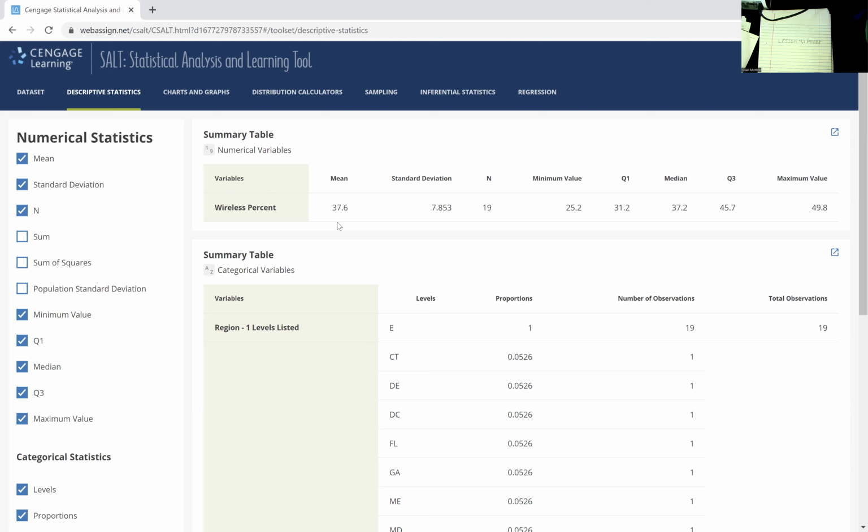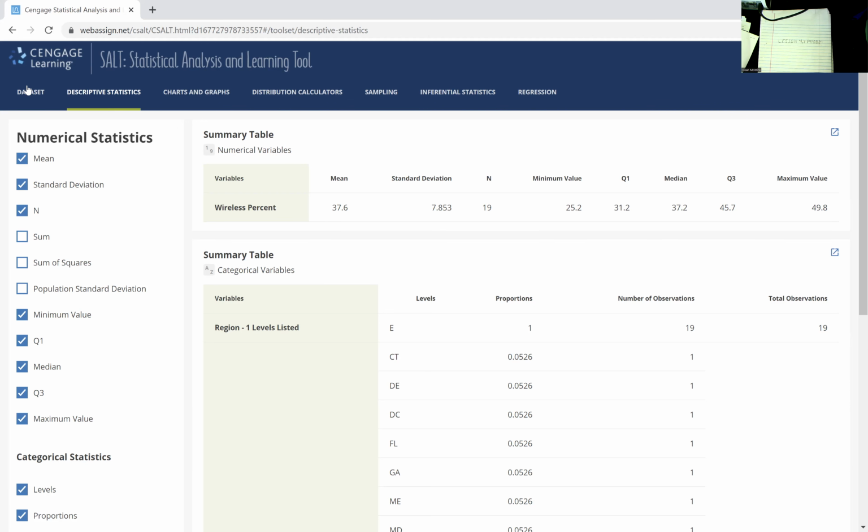And the median is 37.2. That's Q sub 2. And Q3 is 45.7. And the max is 49.8. Okay. Now for M.